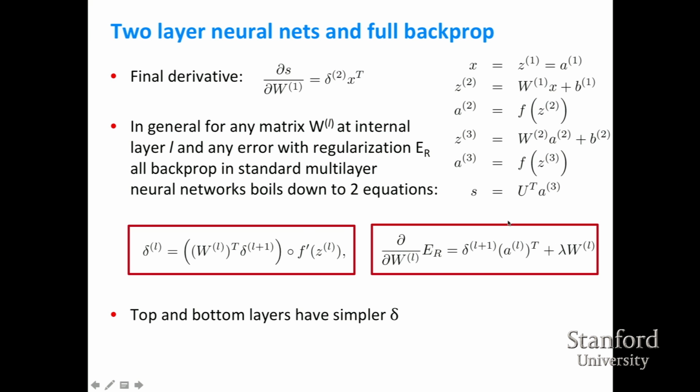And then the final update for each W will always be this kind of outer product of a delta error signal times the activation at that layer. And here I include also our standard regularization term. And you can even describe the top and bottom layers this way, namely the word vectors and the linear layer, but they just have a very simple delta.